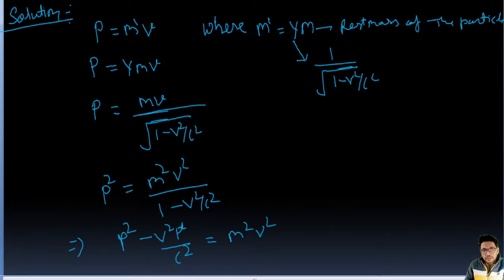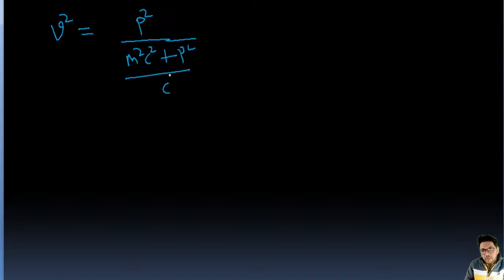This one is going to be v square equal to p square upon m square c square plus p square upon c square. Simple calculation.